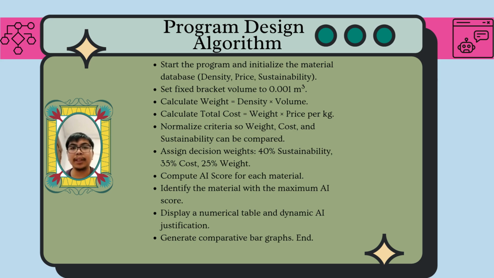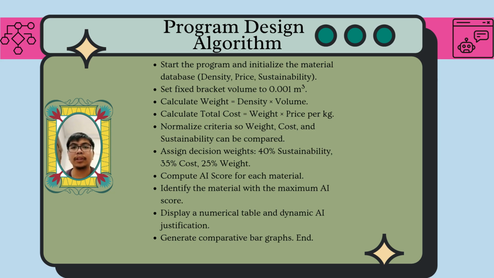Fourth, because mass, cost, and sustainability use completely different units, our algorithm performs a crucial step: normalization. For weight and cost, lower is better, while for sustainability, higher is better.